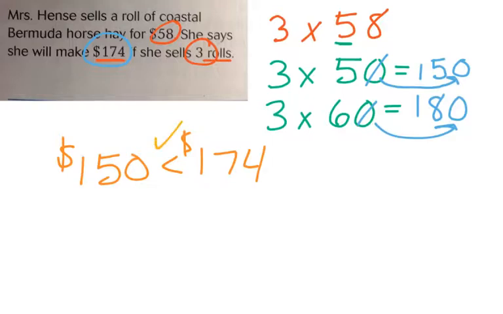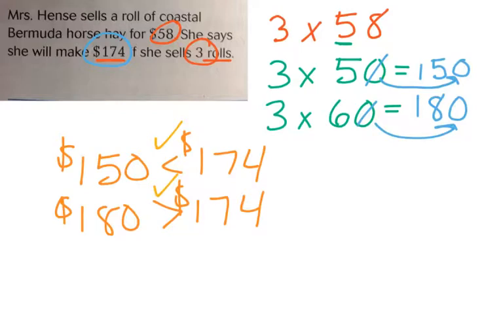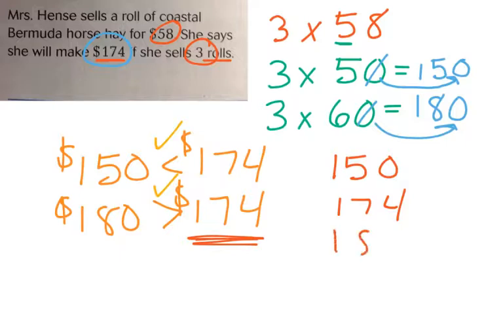Now we look at our high part, which was $180. And we say, is that greater than the number that they give us, which is 174? Yes, it is. Which means our number 174 falls right in between that range. We have 150, 174, and 180. So we just made our sandwich.